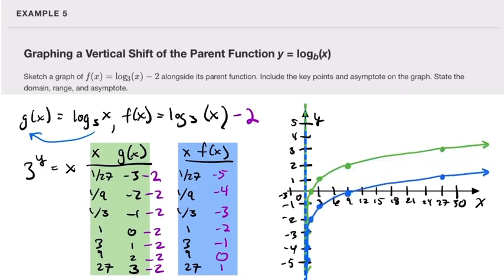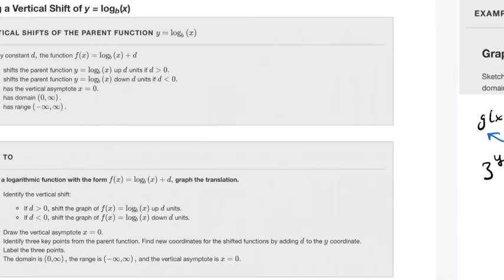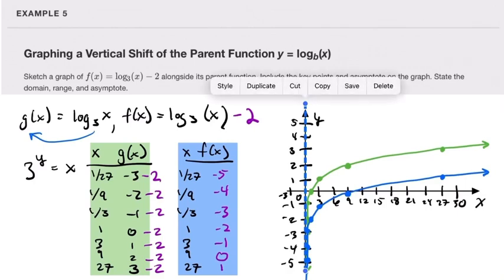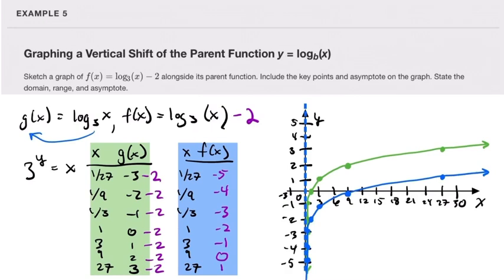So it kind of goes off the page a little bit, but again, we just took the original and shifted it down by 2 units. So again, the x value stayed the same, but the y values went down by 2.